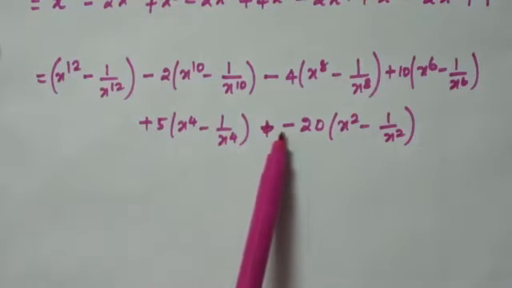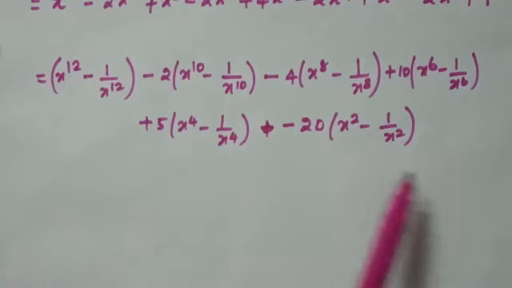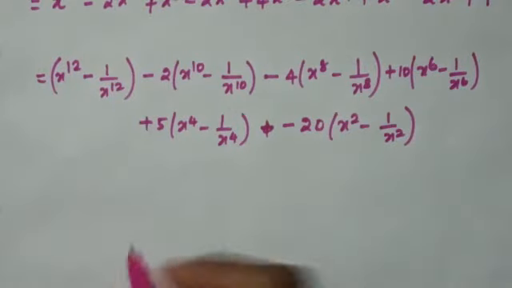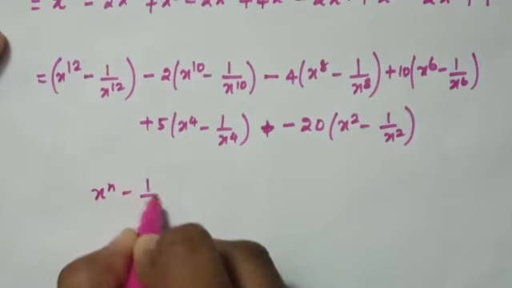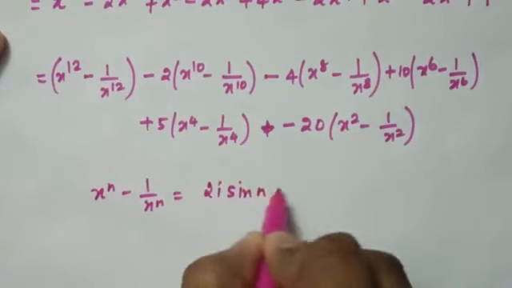Here you will get a negative term, that is minus 20 of x squared minus 1 by x squared as the value. So if you have to solve this further, what we have here, x power n minus 1 by x power n, is 2i sin n theta from the previous step.